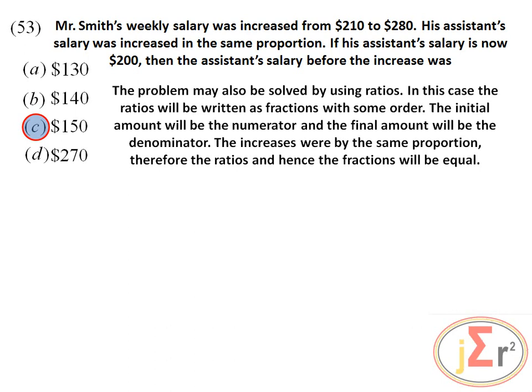The initial amount will be the numerator and the final amount will be the denominator. The increases were by the same proportion. Therefore, the ratios and hence the fractions will be equal. So we are just using this fraction, initial over final, and we will always put the initial over the final. So for Mr. Smith, the initial is 210, the final is 280.